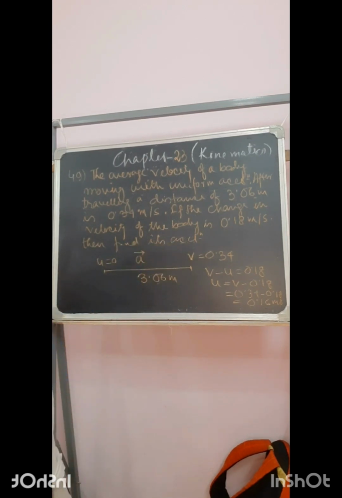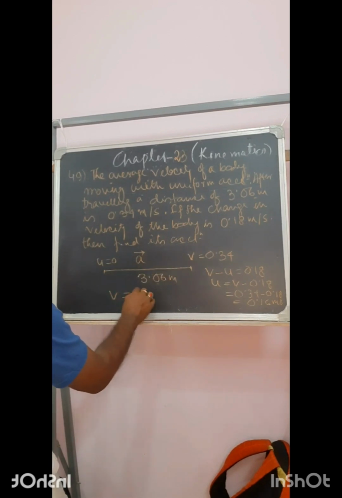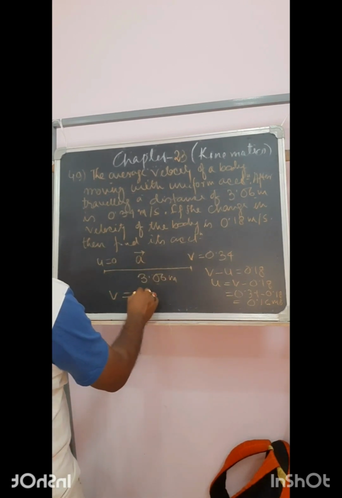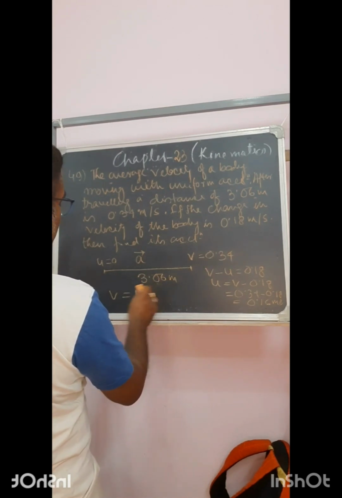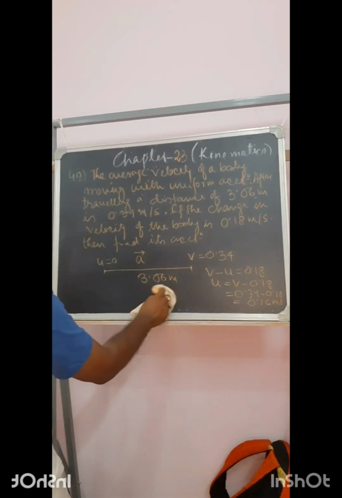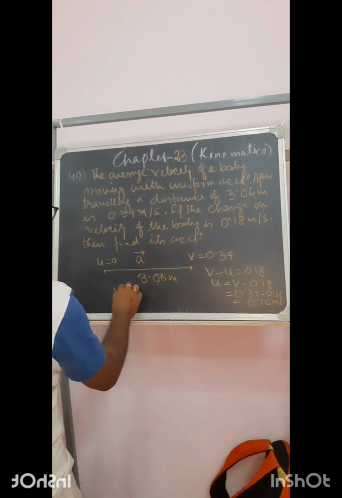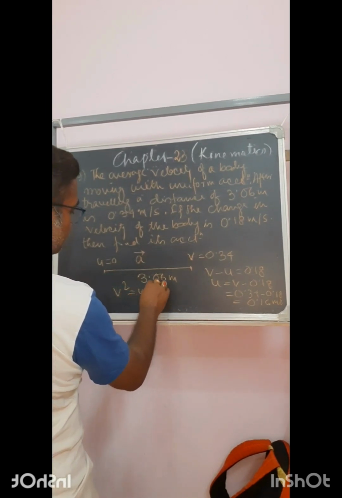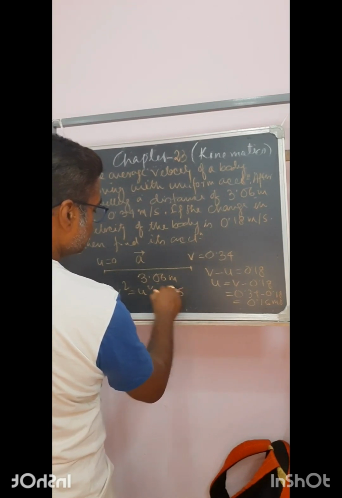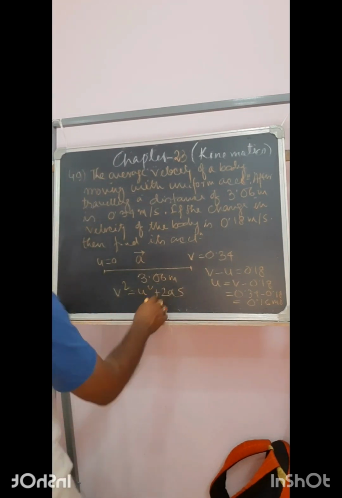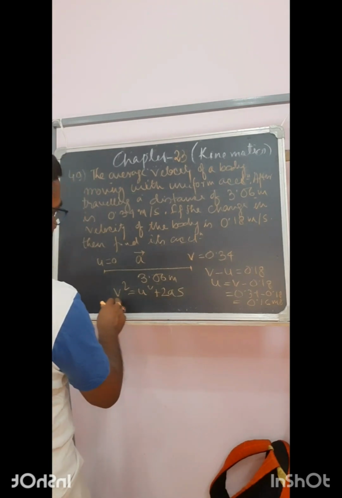Then find the acceleration. No time is given, so you have to use v square is equal to u square plus 2as, distance. Distance is given, a we have to calculate, u and v you know.